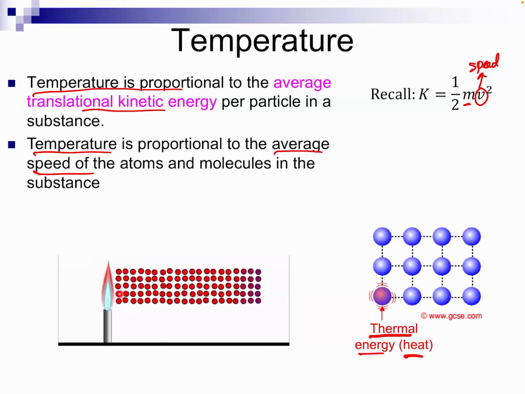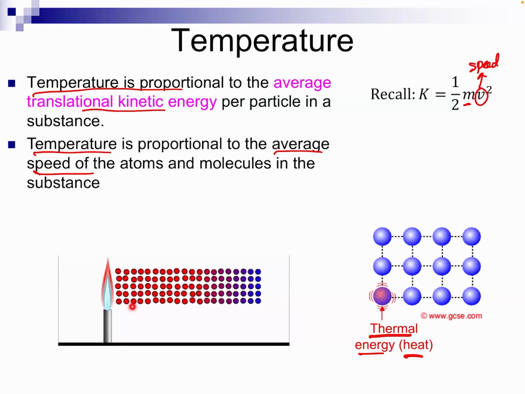If you look microscopically at what's happening to the atoms in this metal strip, you will see that near the flame where it's hotter, the atoms are moving faster. And farther away from the flame, where the atoms are cooler and don't have energy from the flame, the atoms are moving slower compared to the atoms that have higher energy.